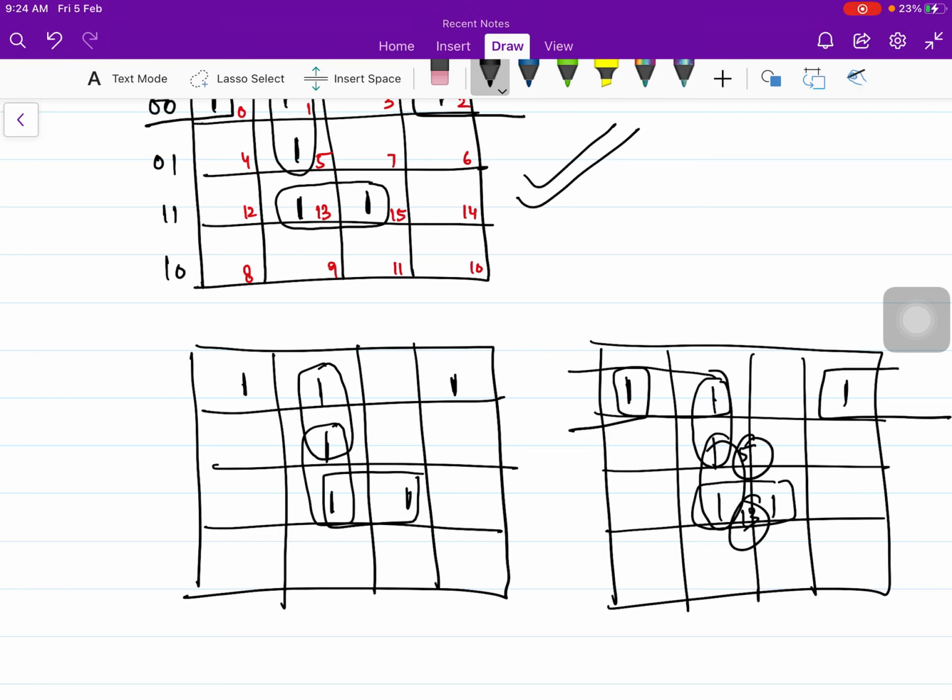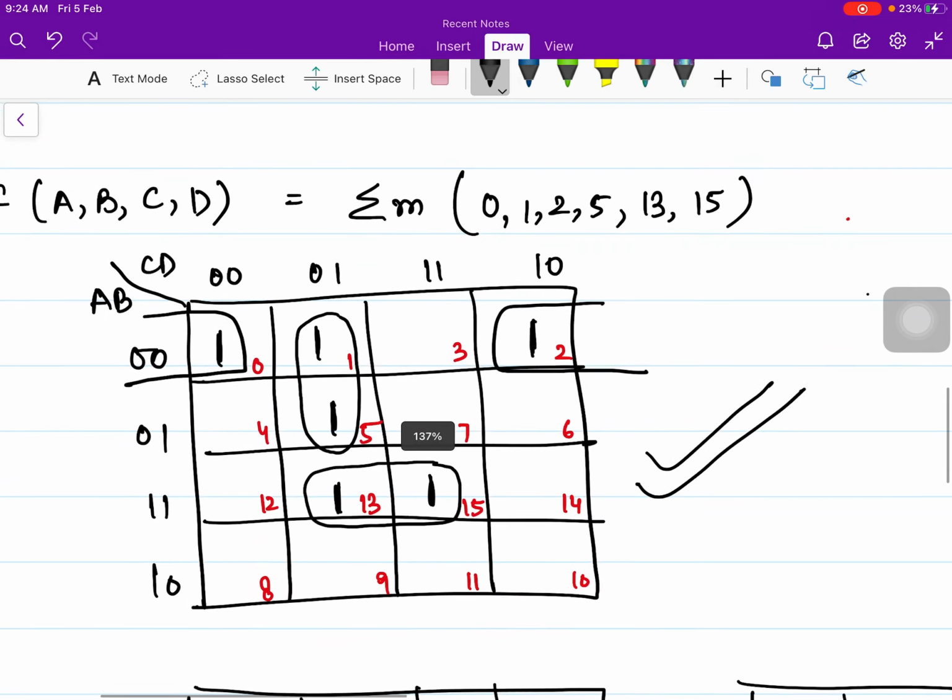Alright, so first of all, look for the bigger groups, then search for the ones which cannot be paired with any other ones. I mean, if you look at block 15 one, it can be paired only and only with block 13 one. It cannot be paired with any of the other ones. So first of all, make that group.